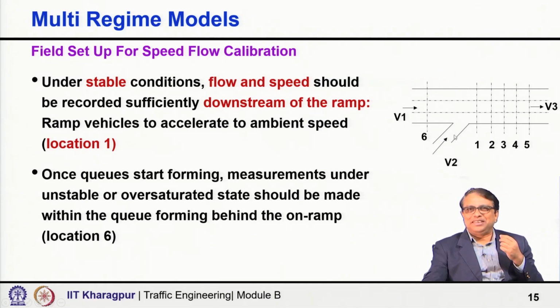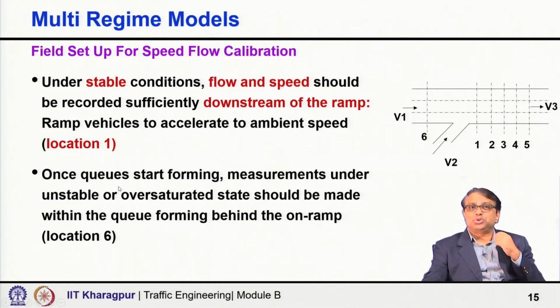When the ramp vehicle is entering, you should give it some opportunity to accelerate to the ambient speed before I capture the data, and there is no problem because we are collecting data under stable flow conditions, so V1 plus V2 is still less than the capacity of this downstream section. That is location 1, which could be ideal.